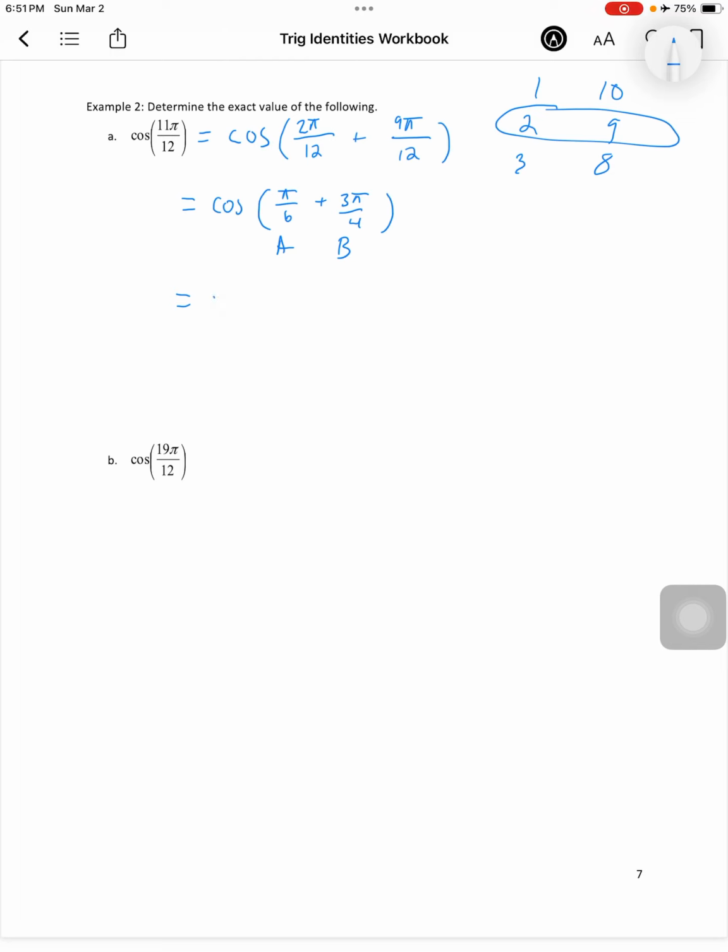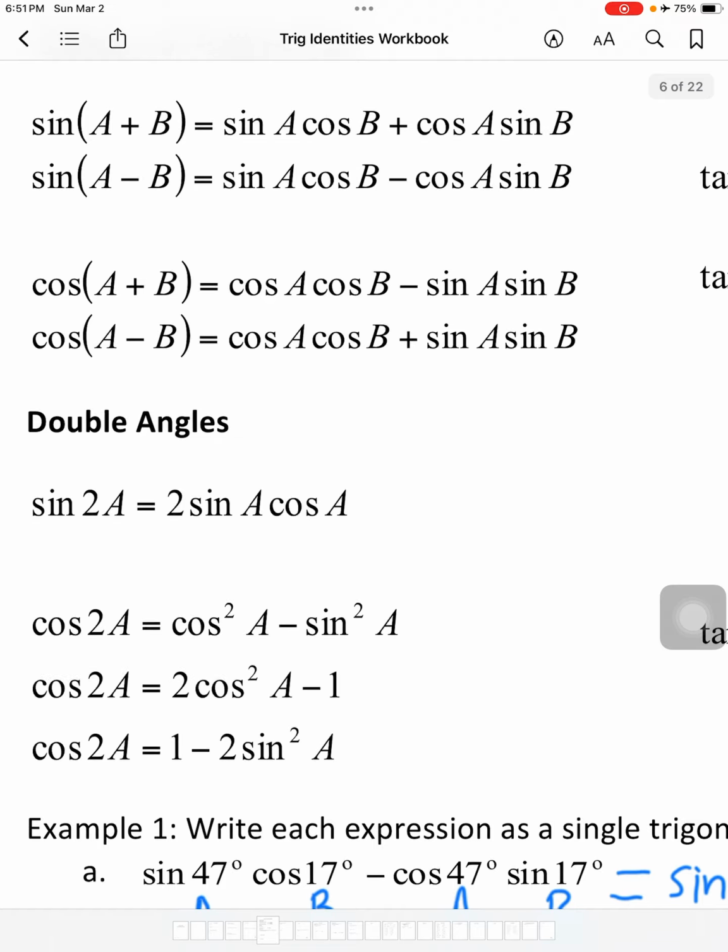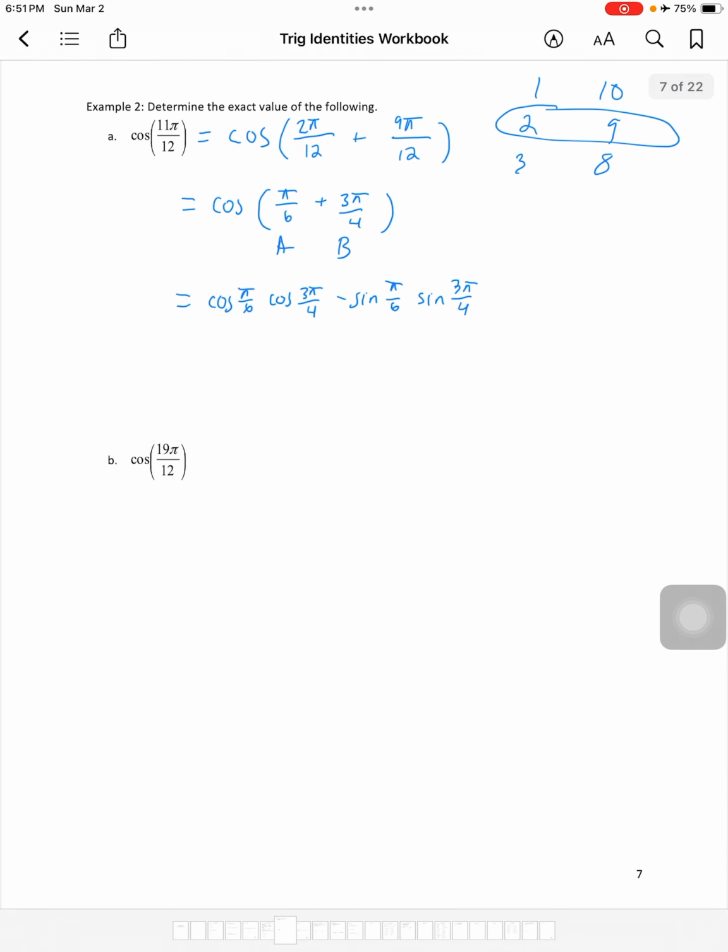It's going to be cos pi over 6 times cos 3 pi over 4 minus sine pi over 6 times sine 3 pi over 4. And again, we're just taking it from this equation.